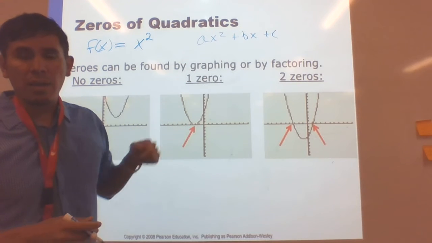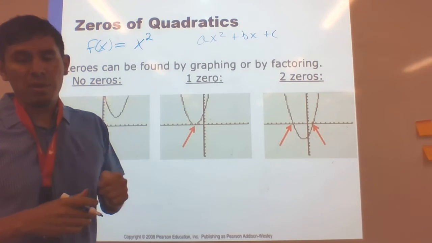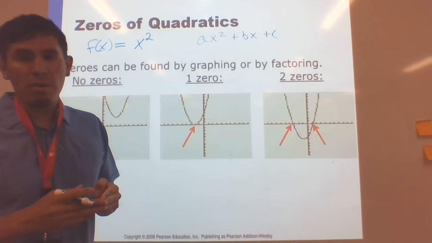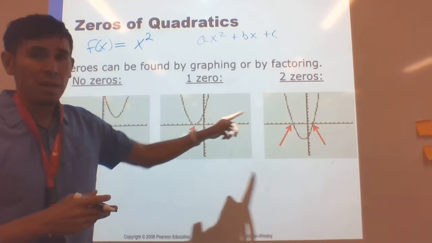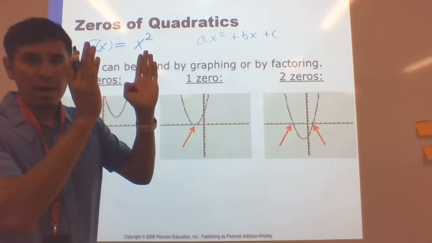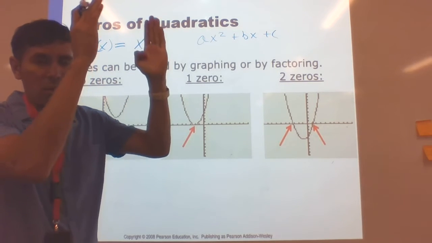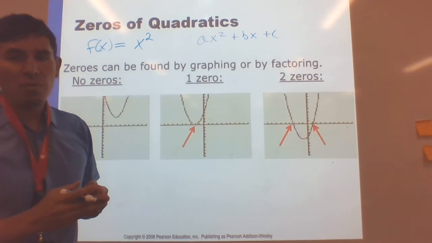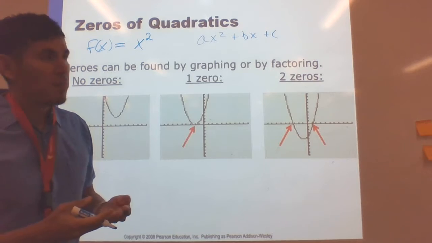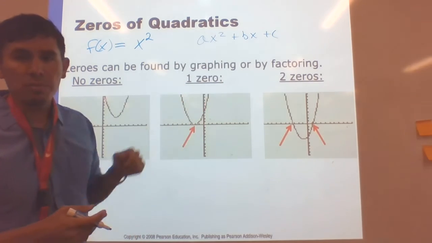So again, the key note here is if you have a degree of 2, and that's the highest degree in your polynomial, that is a parabola. It's going to have this shape, a U, or an upside-down U, so it's going to open up or open down. That's the key thing here: we're dealing with parabolas, anything with a degree of 2.